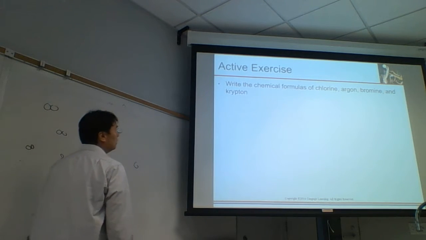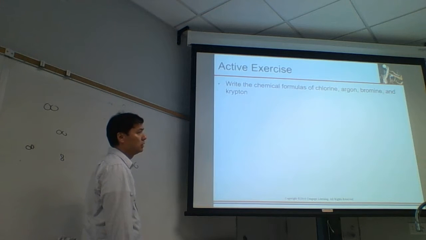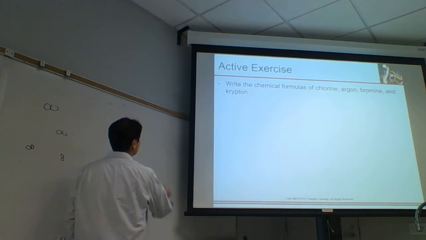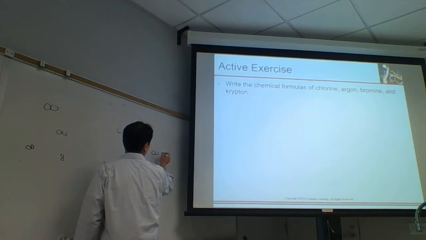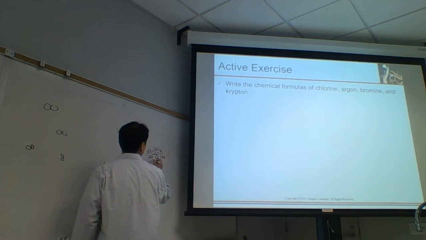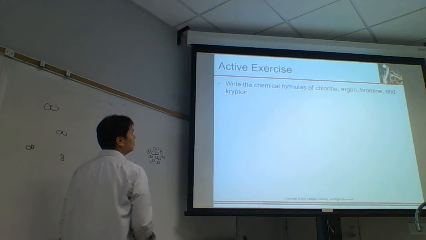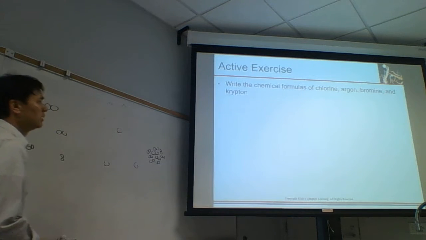Bromine is actually a liquid, so we're going to have diatomic molecules packed together in a liquid. All these diatomic molecules are kind of stuck to one another, but there's still translational motion, so they can move. So bromine would be like that. Br2.